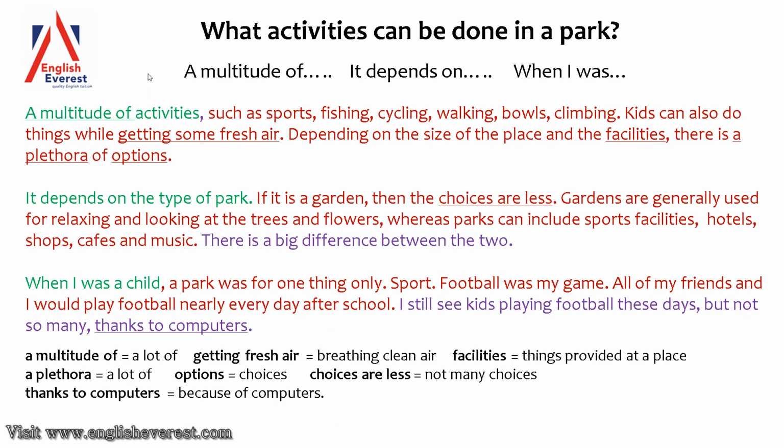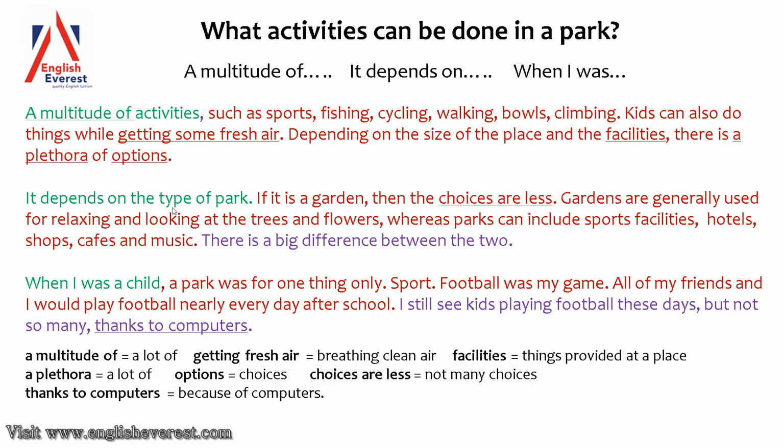Next question. What activities can be done in a park? Three answers. A multitude of means a lot of. It depends on. So when I was talking about the past, it depends on is a choice. Multitude means lots of. So let's choose the middle one.